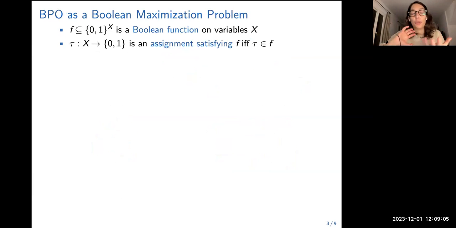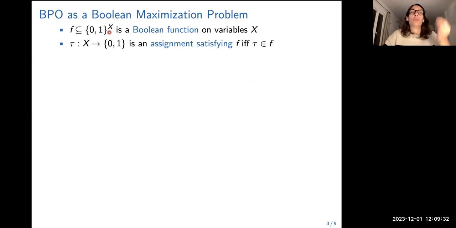Now, as I mentioned, we want to use a different field of computer science to look at BPO, and the main tool of this field is Boolean functions. First, I will define what we mean by that. Let's say that we have a finite set of variables x. We say that f is a Boolean function on these variables if f is any subset of assignments.